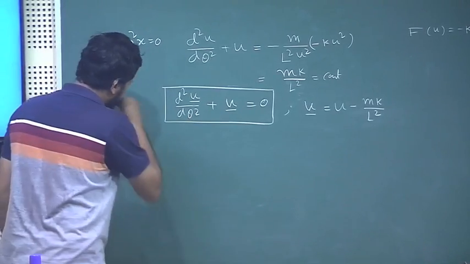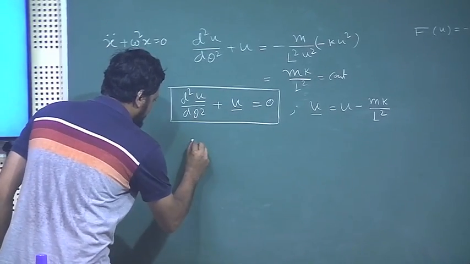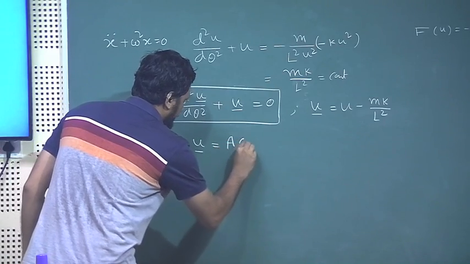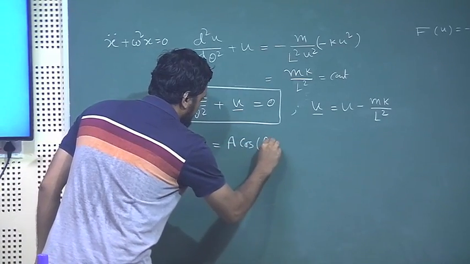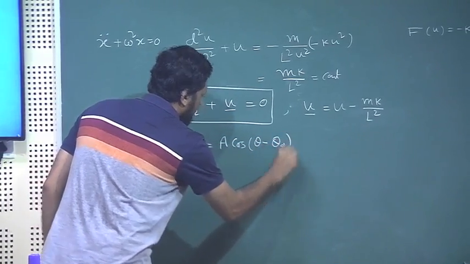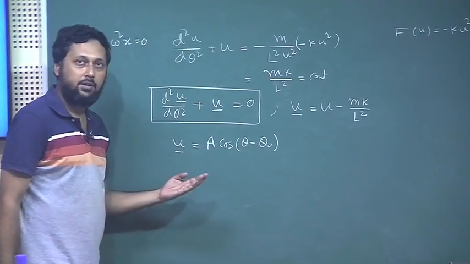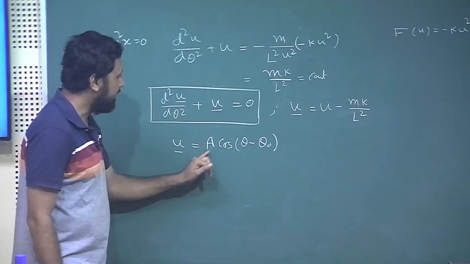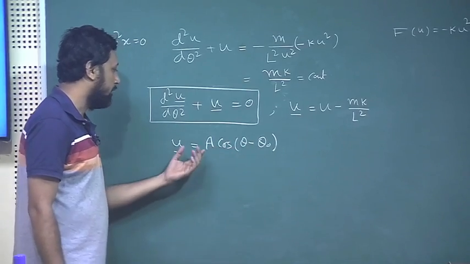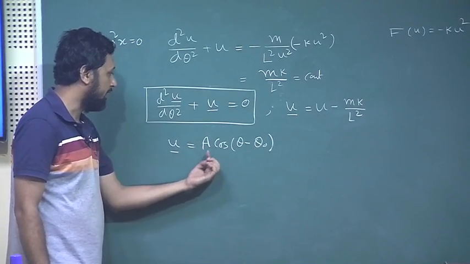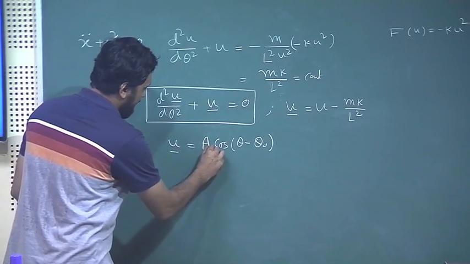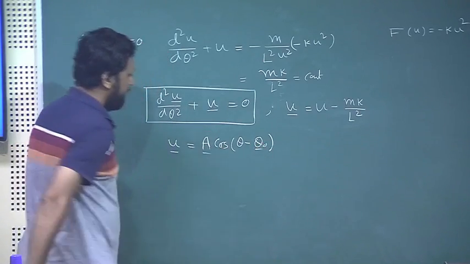So, this one will have a solution of the form ū = A cos(θ - θ₀). As it is a second order differential equation, we need to have two constants in the solution. So, we can either write A cos θ + B sin θ, or we can simply write ū = A cos(θ - θ₀). Whole idea is we need to have two unknown coefficients A and θ₀.